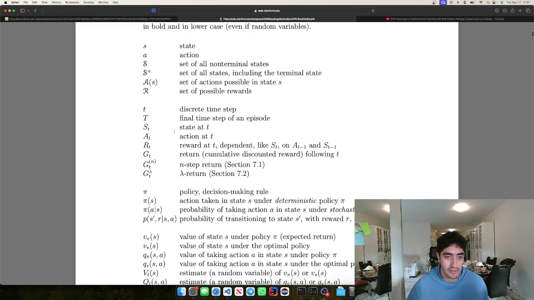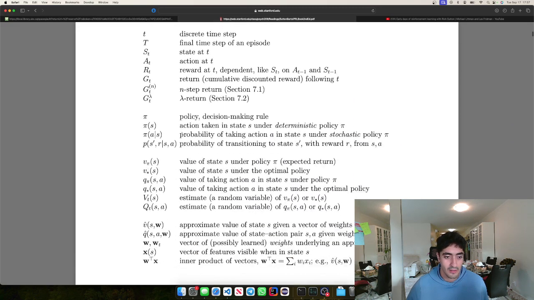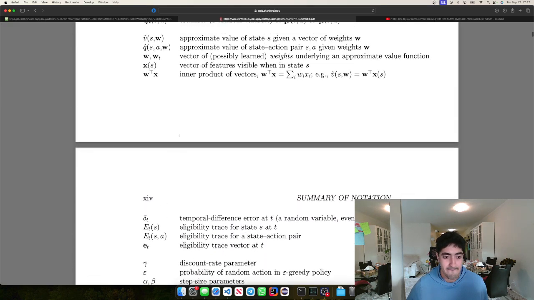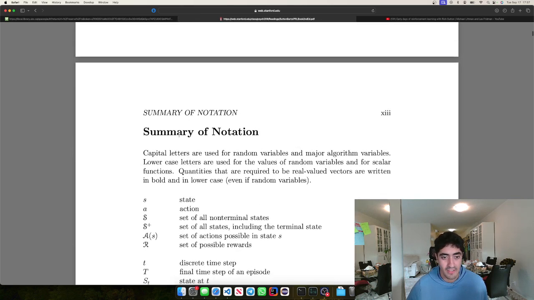This may be good to probably just print out. Quantities that are required to be real-valued vectors are written in bold and in lowercase, even if they are random variables. Lowercase letters are also used for scalar functions.